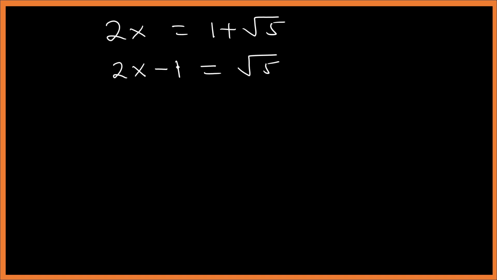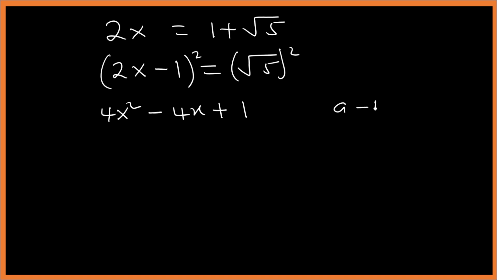All right, so let's square both sides. This side will be 4x squared minus 4x plus 1. This one is behaving like (a − b) all squared, which is a squared minus 2ab plus b squared.